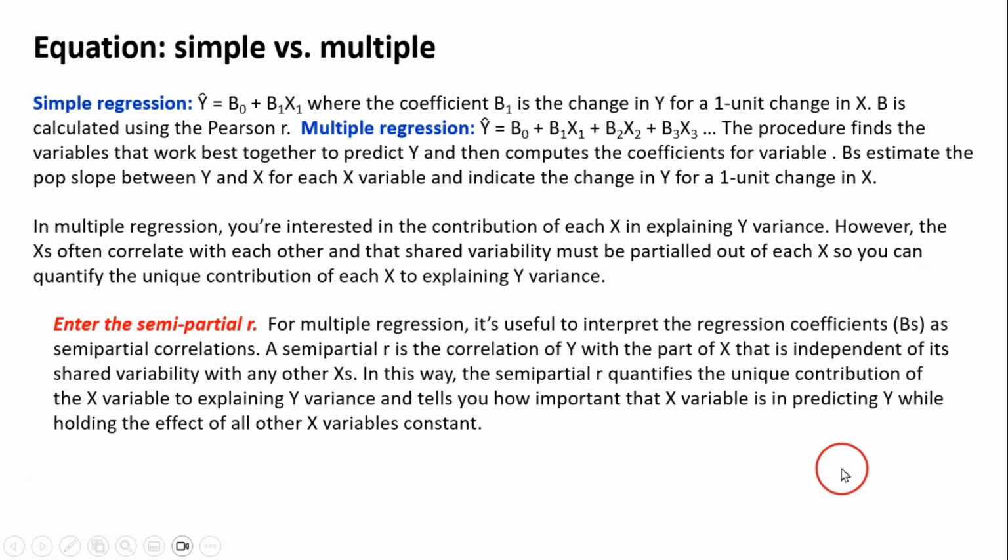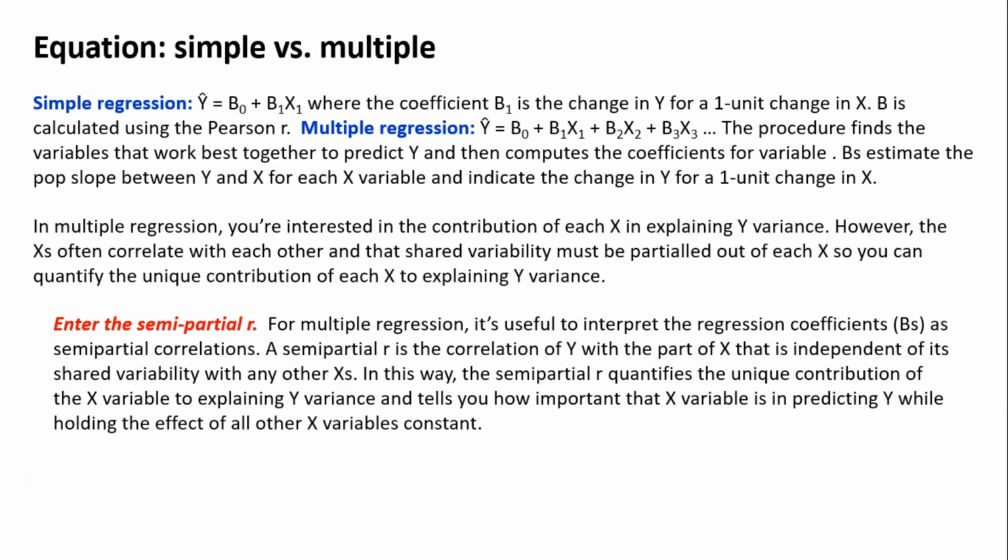And for that, we enter the semi-partial R. That's exactly what a semi-partial R will do for you. So for multiple regression, it's useful to interpret the regression coefficients, or B's, as semi-partial correlations, which you can do.